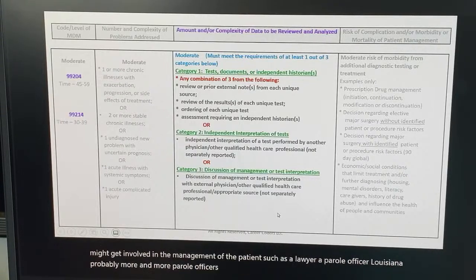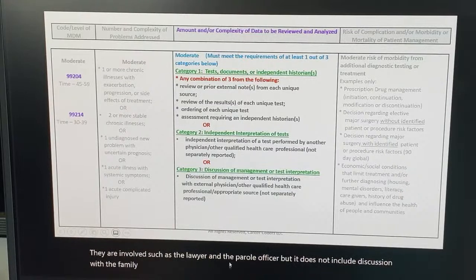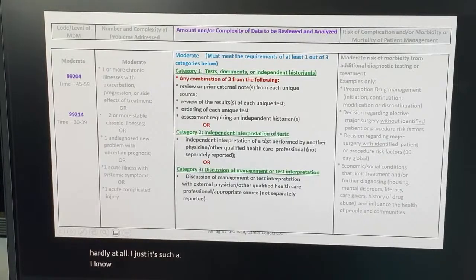They may be involved in the management of the patient, such as the lawyer and the parole officer, but it does not include discussion with the family or informal caregivers. I don't see it used hardly at all. It's just a little bit confusing, but I just don't see it used much at all.